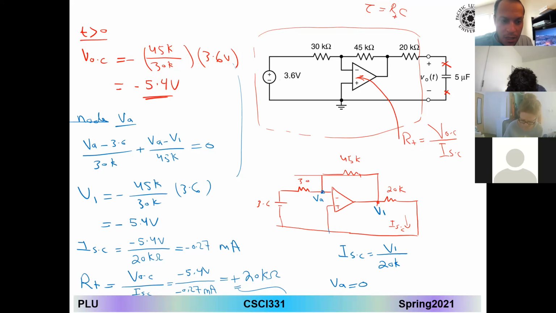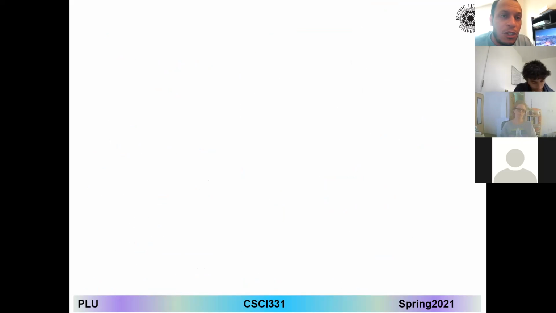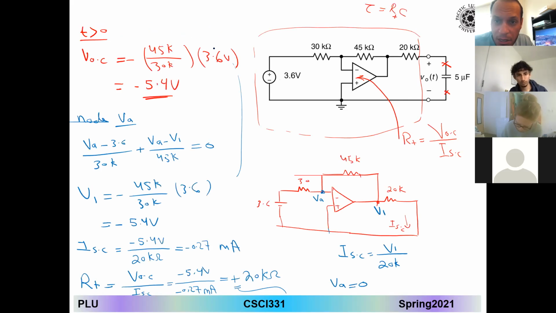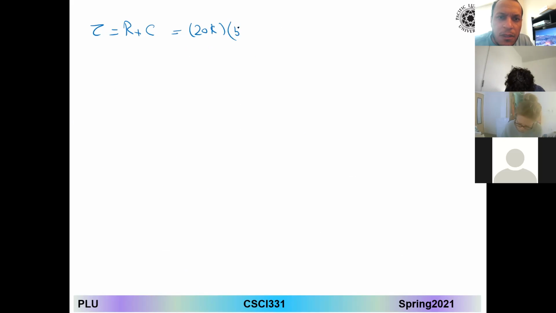Now, we can go back to find our formula, right? We need to find the R tau, or time constant, R Thevenin times C. R Thevenin we just calculated: 20K times C. How much is C? 5 times 10 to the minus 6 farad.